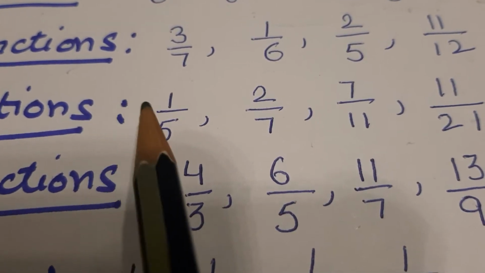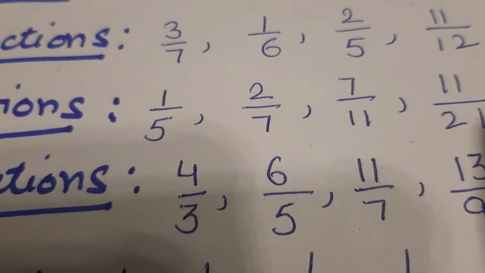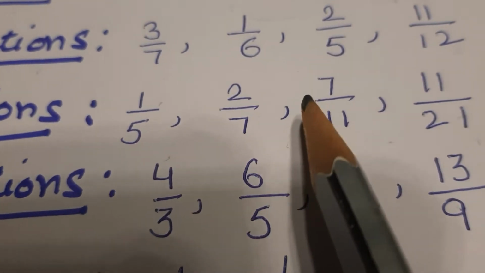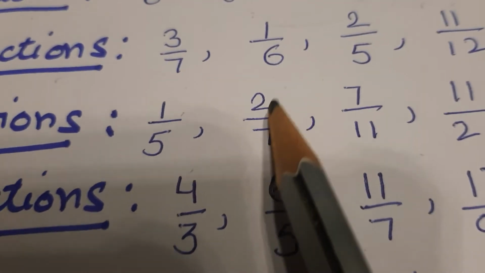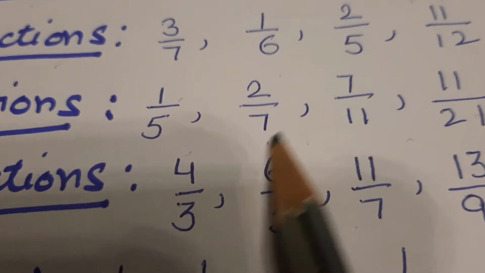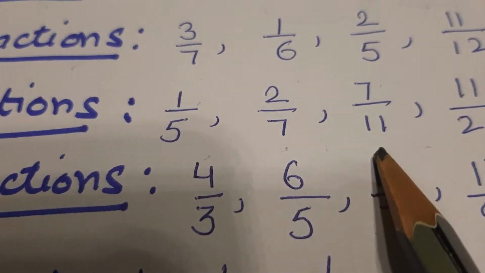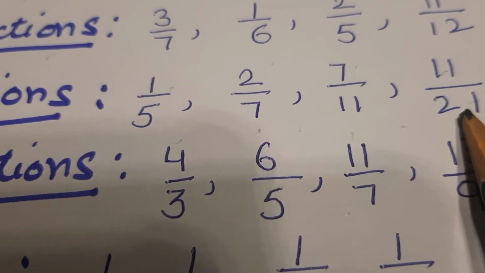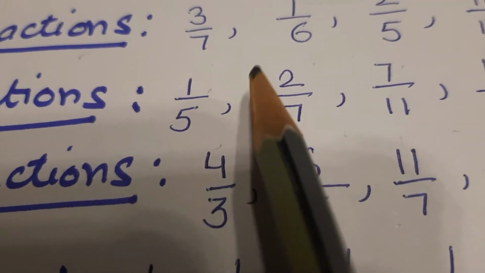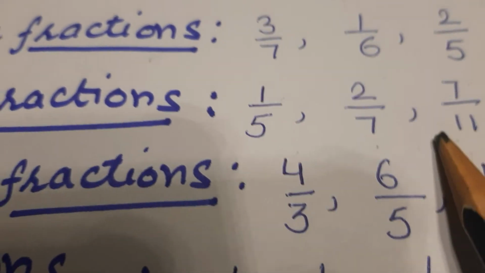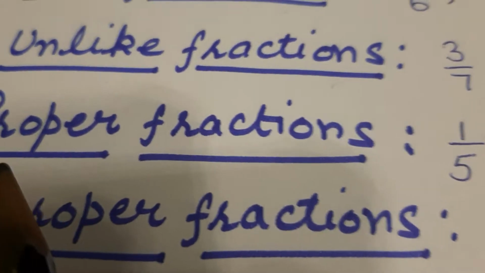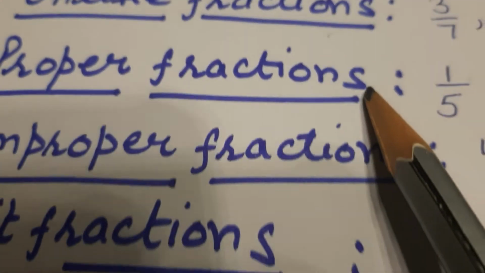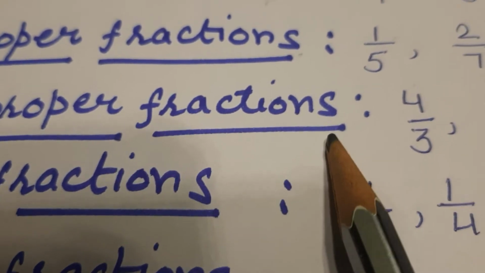In these fractions, everywhere the numerator is smaller than its denominator. So when the numerator is smaller than the denominator, those fractions are known as proper fractions. Okay? Proper fractions.